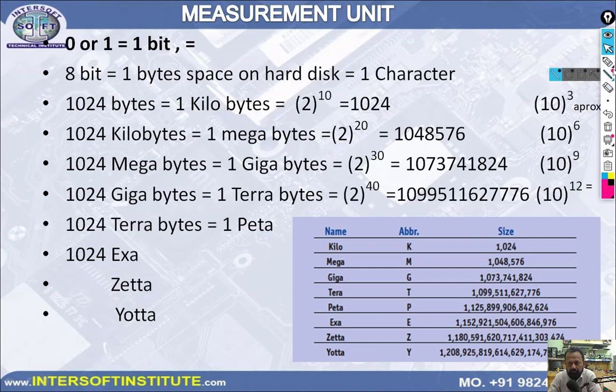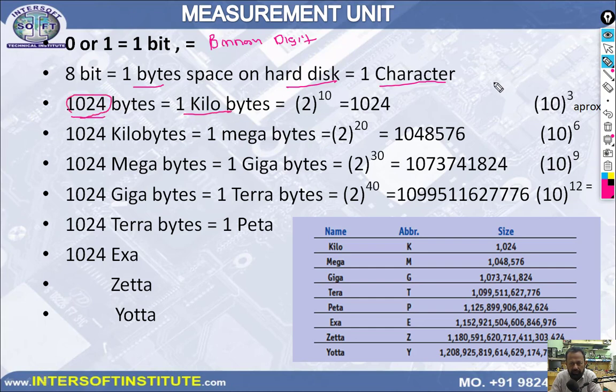So how is it measured? Here is your measurement. 0 or 1 is 1 bit, which means binary digit. 8 bits is equal to 1 byte. In terms of computer hard disk space, 1 byte is equal to 1 character. 1024 bytes is equal to 1 kilobyte. Why 1024 and not 1000?